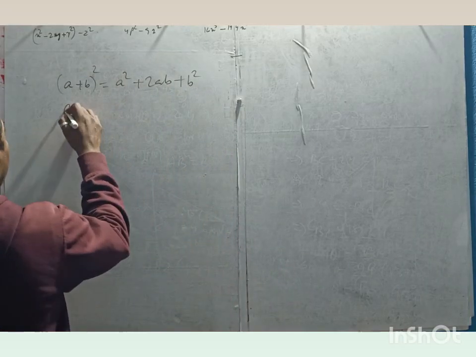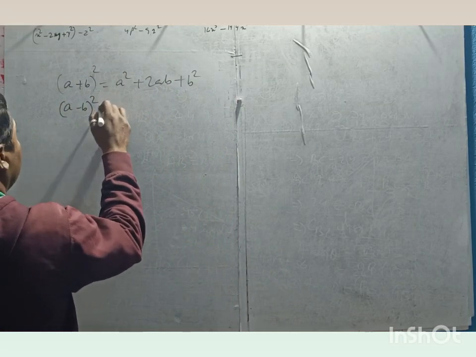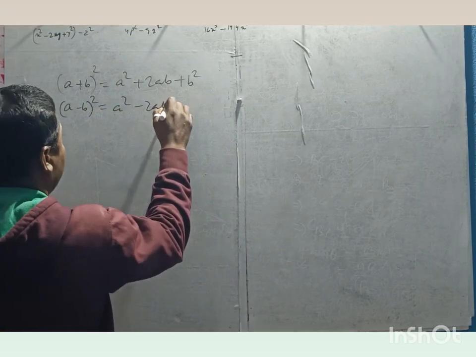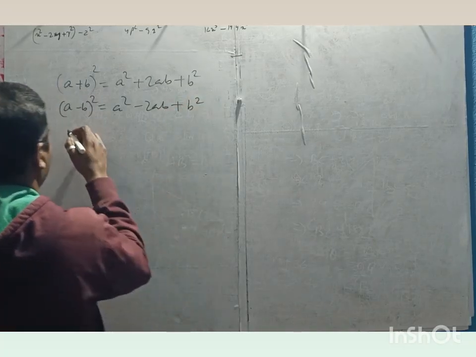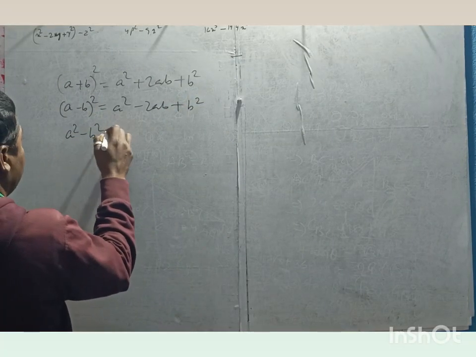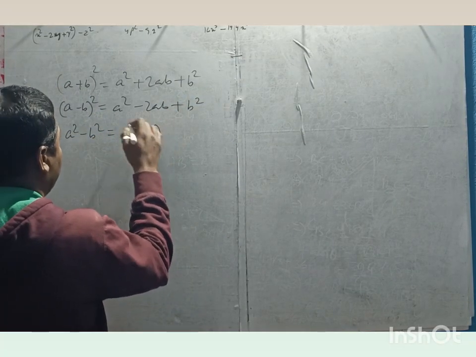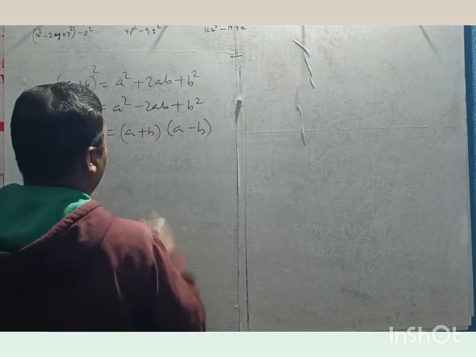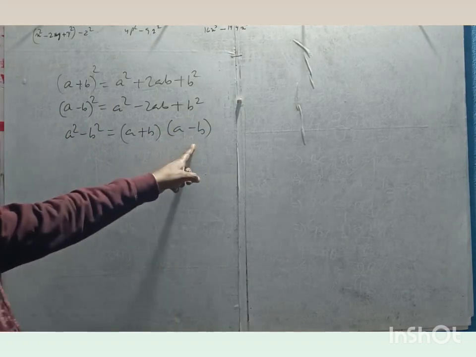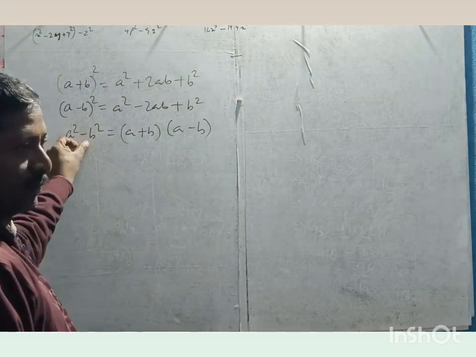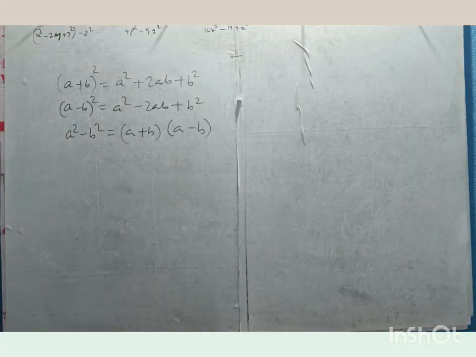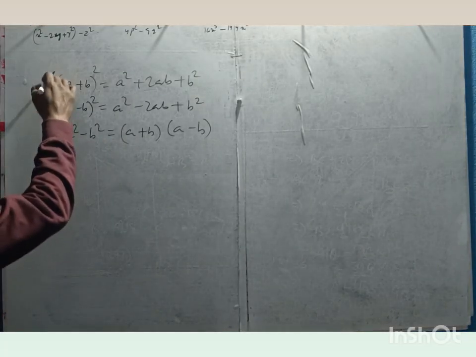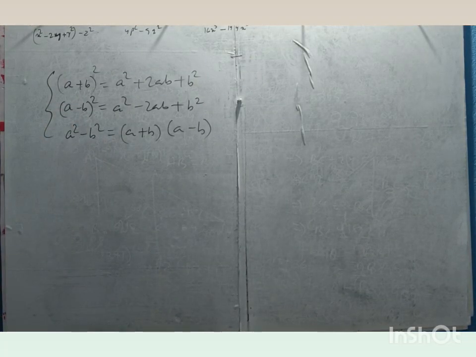Another, (a - b) whole square equals a square minus 2ab plus b square. And a square minus b square equals (a + b) into (a - b). If it is in this form, you can write this form. So we have to learn these three by heart.